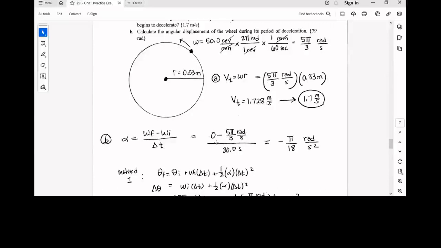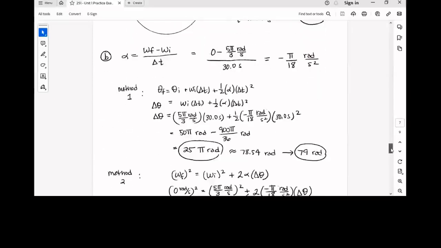So delta omega would just be negative 5 pi over 3 radian per second. I can divide that by the 30-second interval, and you get negative pi over 18 radian per second squared. Again, it's fine to write the decimal approximation of this as well.